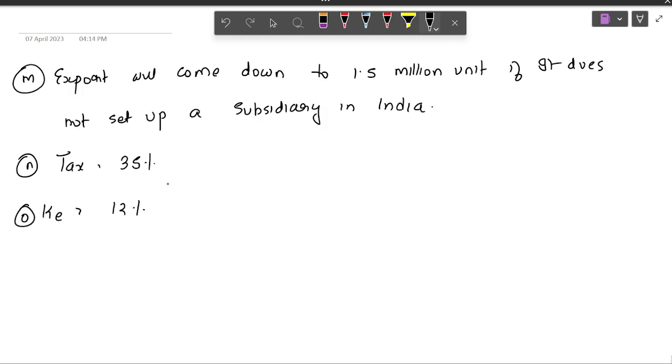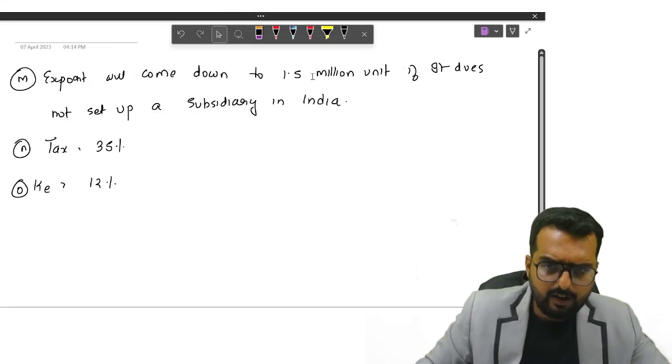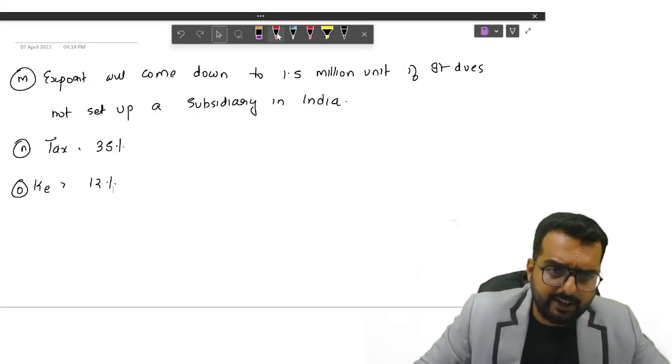Now go through this sentence specifically, friends. They have told us export will come down to 1.5 million units if it does not set up a subsidiary in India.